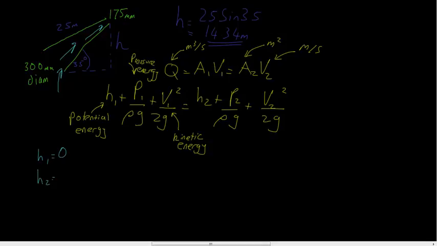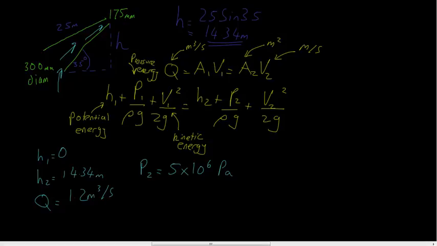H2 is our value we found earlier, 14.34 meters. We're also given a value of Q, a flow rate. It's in meters cubed per second, so that's handy. Q is 1.2 meters cubed per second. We're told the pressure at the top of the pipe, so that's P2, is 5 meganewtons per square meter, or 5 megapascals, which is 5 times 10 to the 6 pascals.